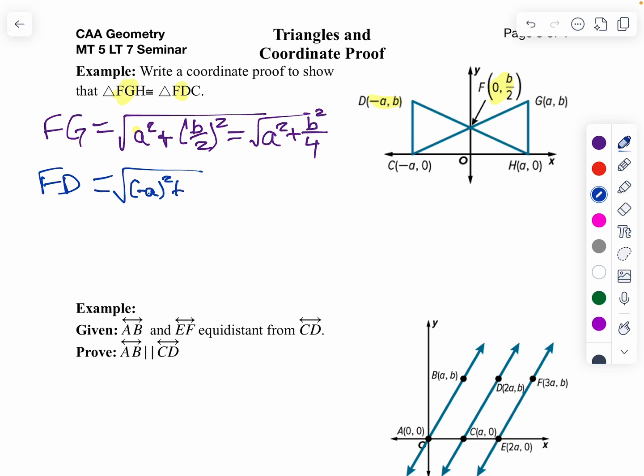B minus B over 2 minus B would be negative B over 2 squared. When I square a negative, I get a positive. It's A squared plus B squared over 4. Notice FG and FD, they're congruent.